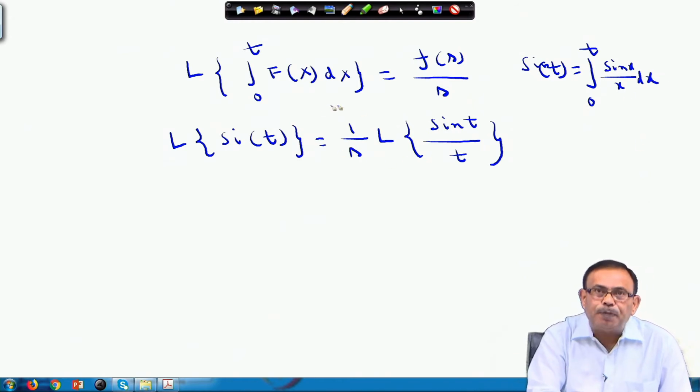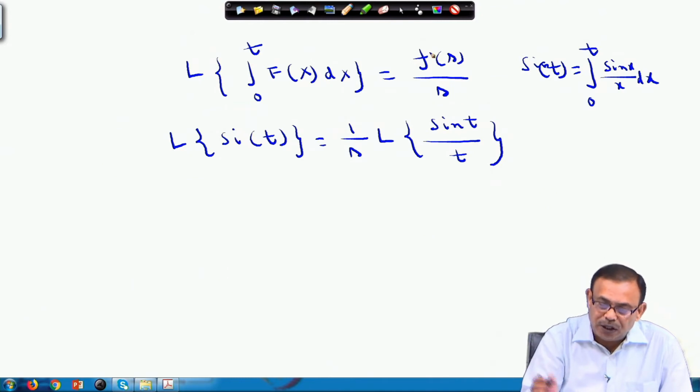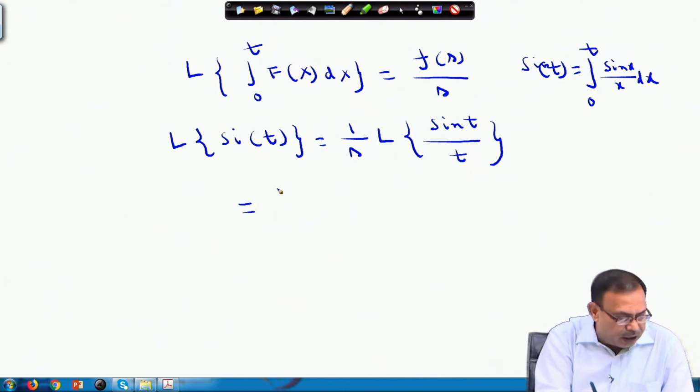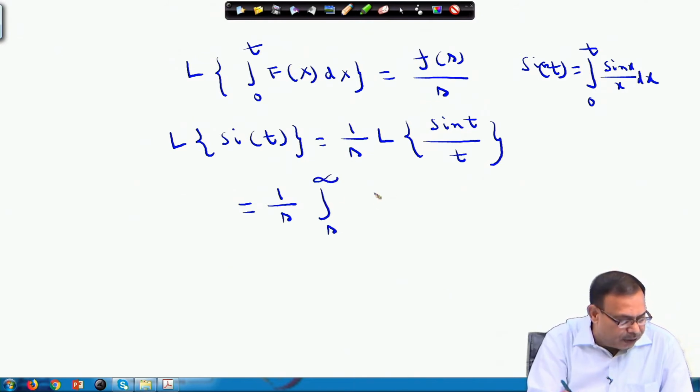So, using this integral theorem, the Laplace transform of Si(t) is nothing but 1 by s times the Laplace transform of the function f(t), which is sin t by t. So, the only thing I have to do is evaluate the Laplace transform of sin t by t, and this I can write as 1 by s times the integral from s to infinity of 1 by x square plus 1 dx.